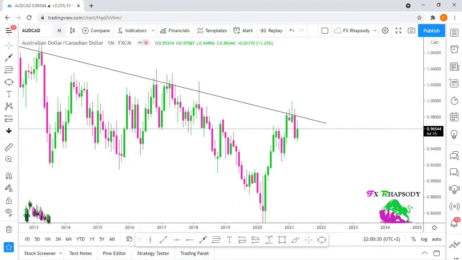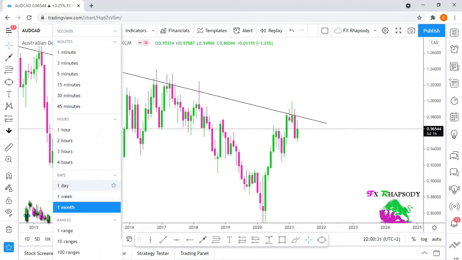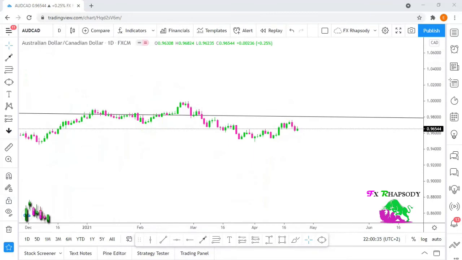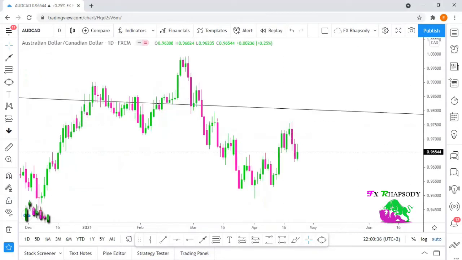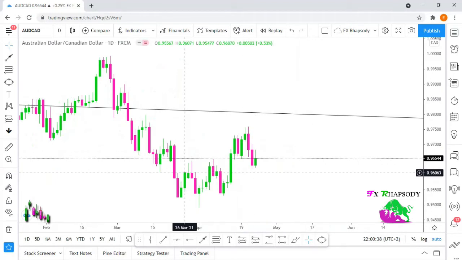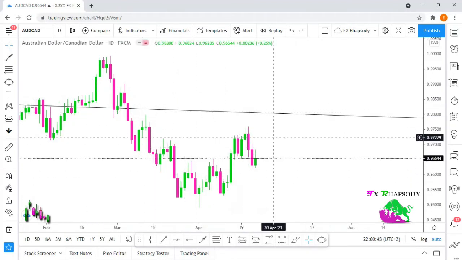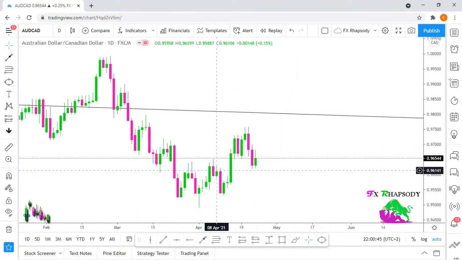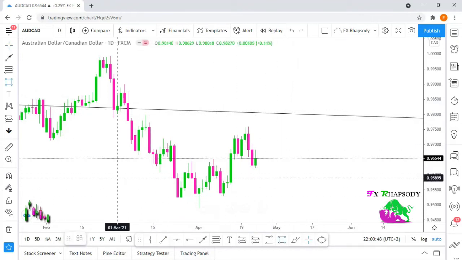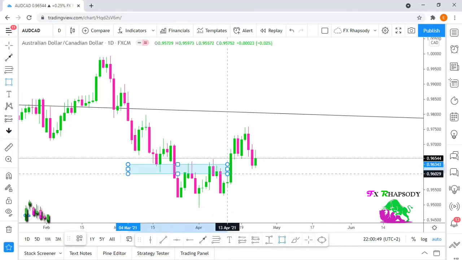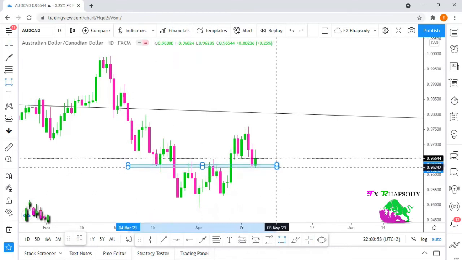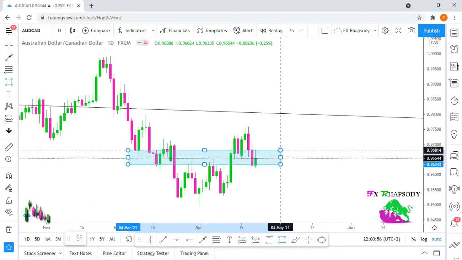If I drill down to the daily time frame, because we're expecting price to move down after bouncing off that trend line, on the daily time frame we can look at this area of support. This is the area here.